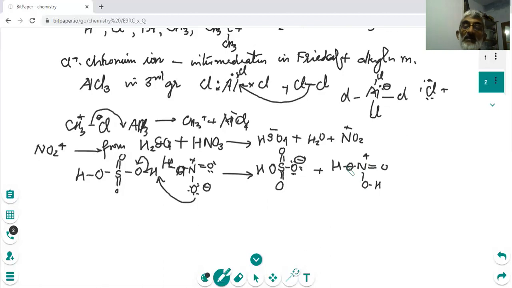Now we can think of elimination of a molecule of water from here, which will result in the formation of H2O plus NO2 plus.